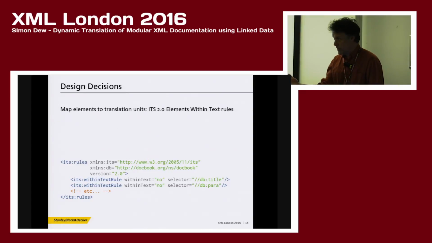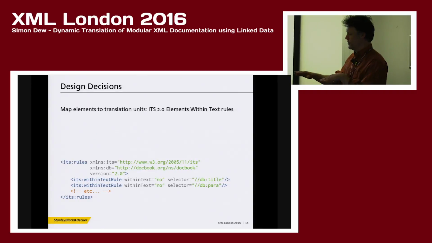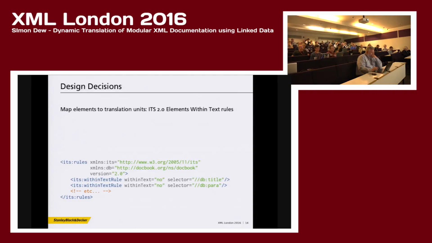First of all, segmentation. Of course, this was mentioned yesterday in the XLIFF talk. When you're extracting from the source documentation to XLIFF, how are you going to align your source documentation to the translation units? So we decided to keep it simple.